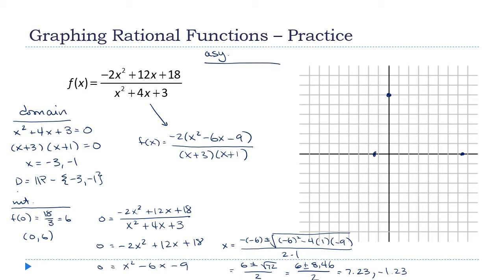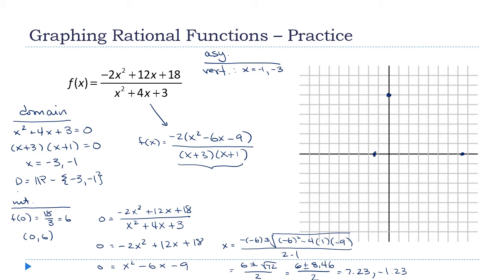We'll do the vertical ones first. The vertical ones occur where the denominator is equal to 0. The denominator of the simplified version, but we couldn't simplify anything out. So that's going to be the points where x plus 3 times x plus 1 equals 0. And we already did that. Both of the values we got from finding the domain are going to be vertical asymptotes. So let me put those on here.